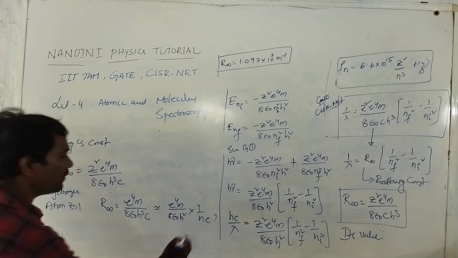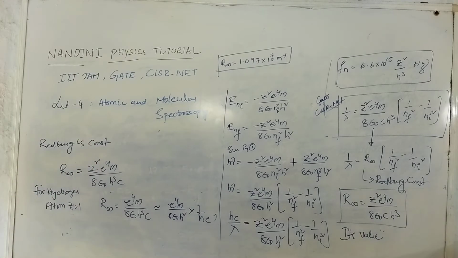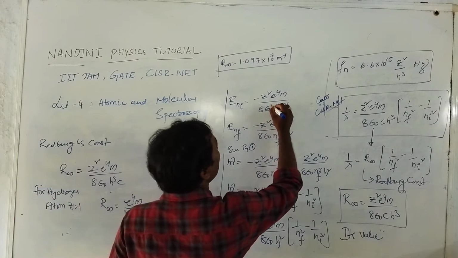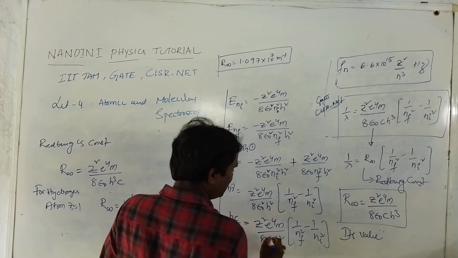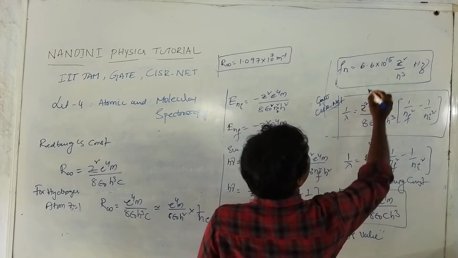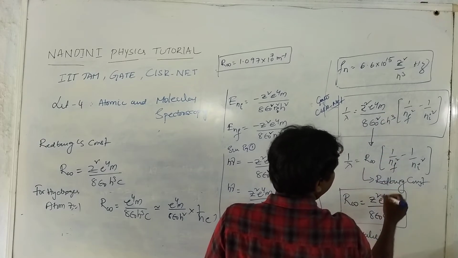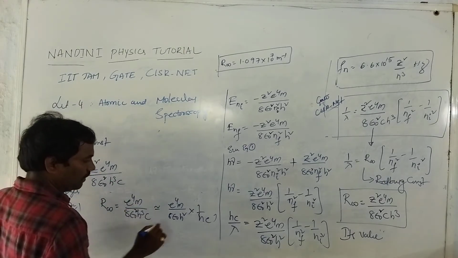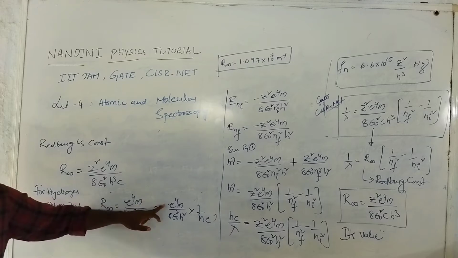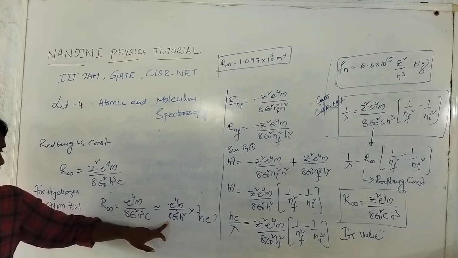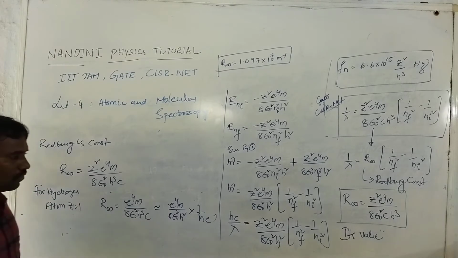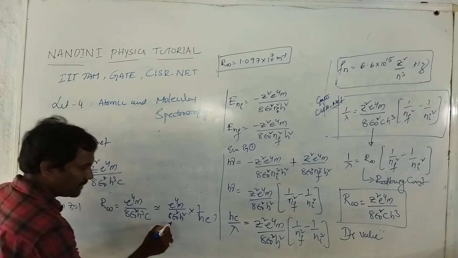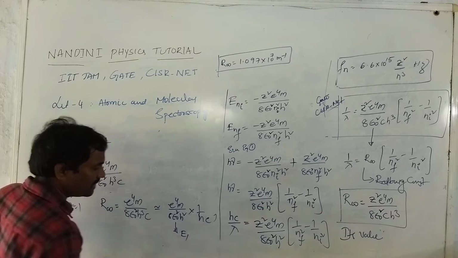I made a mistake: it is epsilon naught square, I forgot to write the square. So e power 4 m divided by 8 epsilon naught square h square actually represents energy E1.